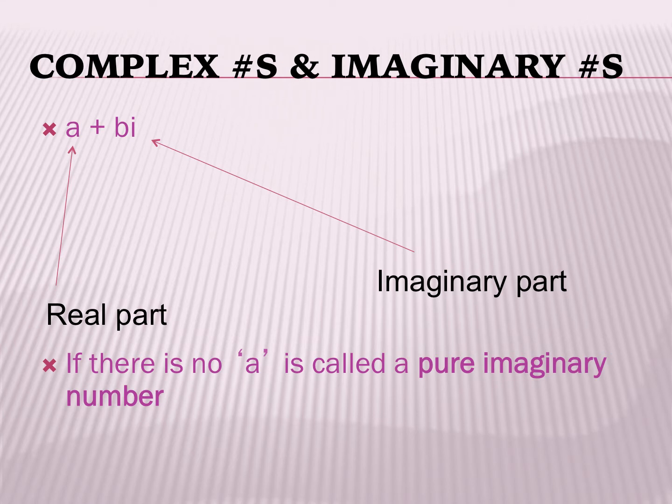There are 2 parts to your complex number. The real part, which is the number that doesn't have an i, we call a. The part that does have the i is the imaginary part, and we call that b. So the b is the number in front of the i.